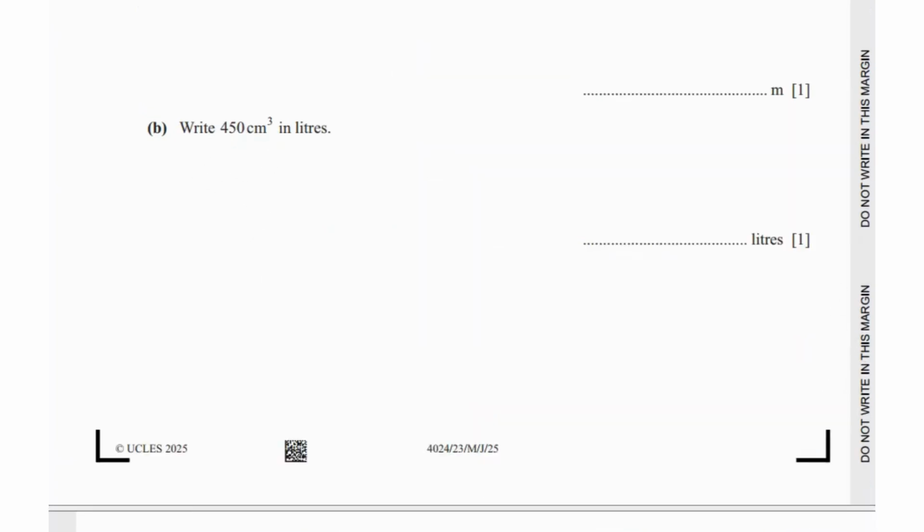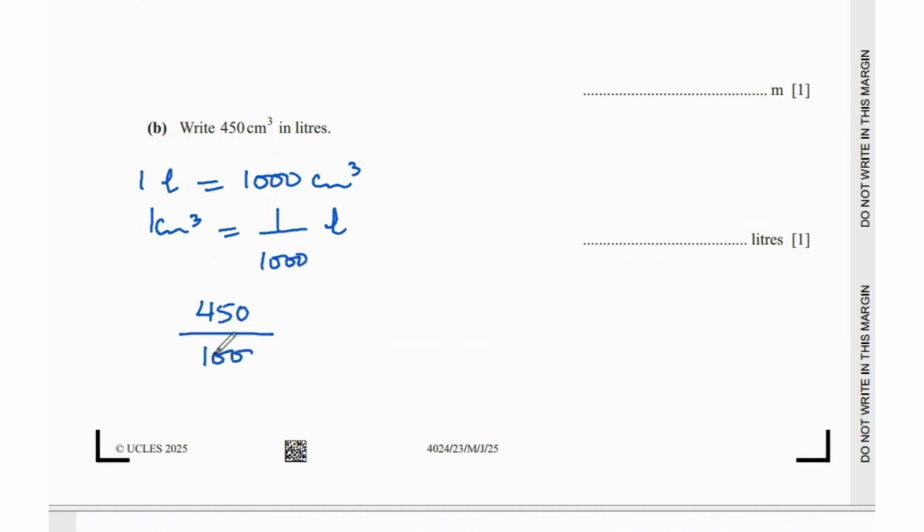Then write 450 centimeters cubed in liters. 1 liter is equal to 1,000 centimeters cubed. So 1 centimeter cubed will be 1/1,000 liters. Same thing as the previous one. So if we're converting 450 centimeters cubed into liters, we divide 450 by 1,000, and that's 0.45 liters. That's your answer.